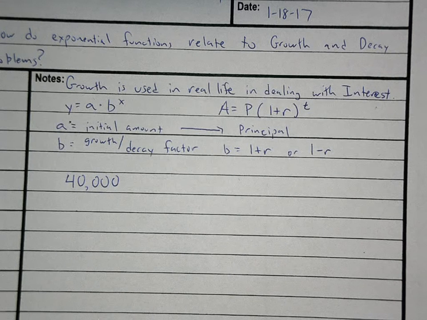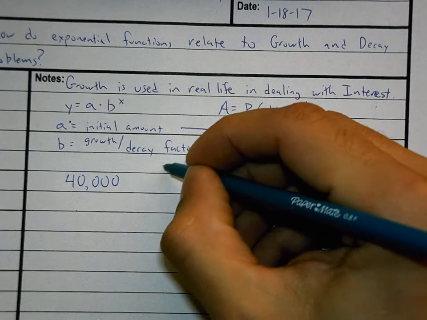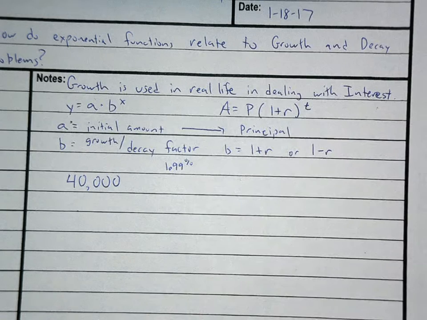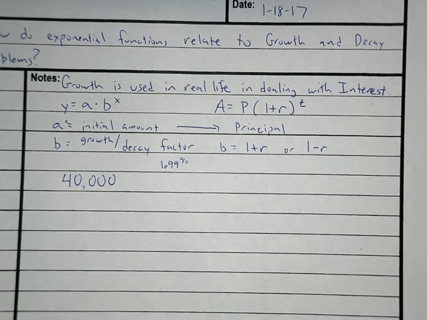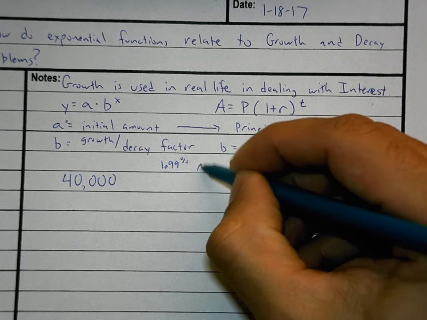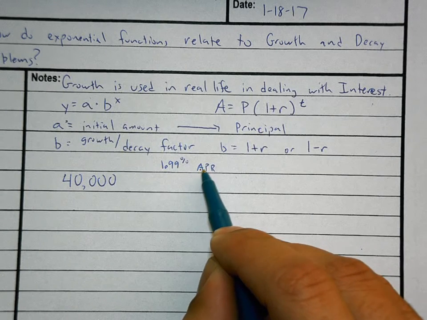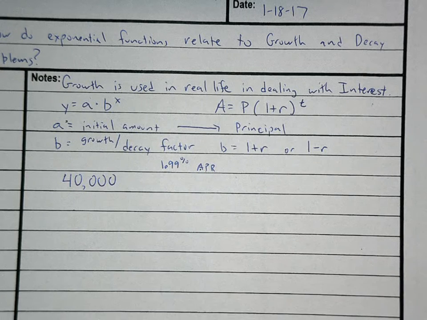If you see a car commercial that says that there is 1.99% financing, let me write that down. 1.99% financing. That does not mean that you pay 1.99% once, because when it says APR, this means annual percentage rate.